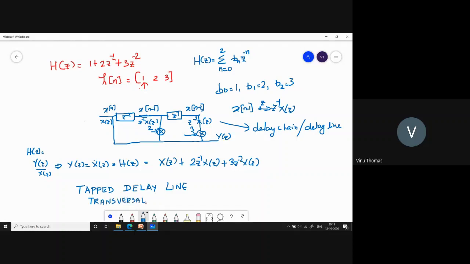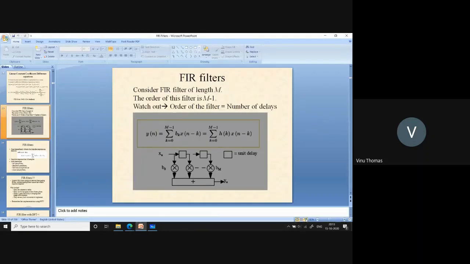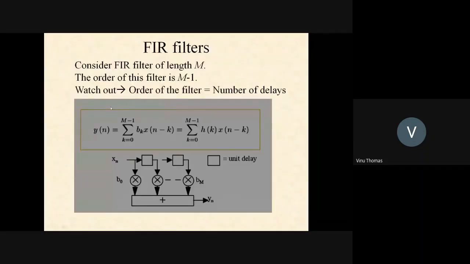Transversal indicates perpendicularity. So you take taps perpendicular to the direction of the delay chain. So you call this the tapped delay line filter or the transversal delay line filter. These are some common names. There are other names also which we'll see as we progress. So this is how the structure is implemented.